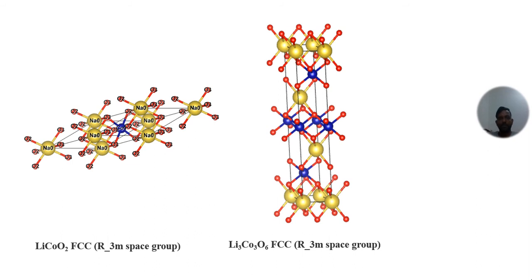If you try to find out, the primitive cell contains lithium, cobalt and oxygen, and the formula of the primitive cell is lithium cobalt oxide. If you go with the conventional cell, it will come out to be lithium cobalt 3 oxide. So your primitive cell can contain more than one atom.